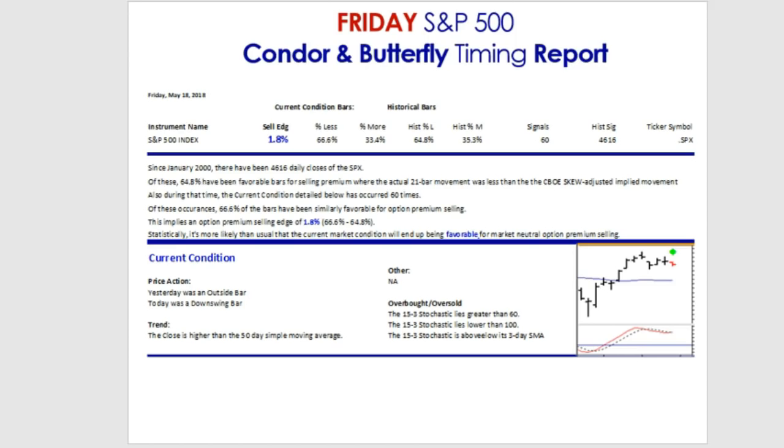Now that implies a very small premium selling edge of 1.8%. Very, very close. Statistically, it's technically more likely than usual that our current market condition will end up being slightly more favorable for market neutral option premium selling. Okay, so that's the Condor butterfly timing report.